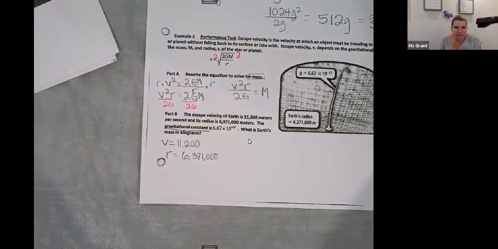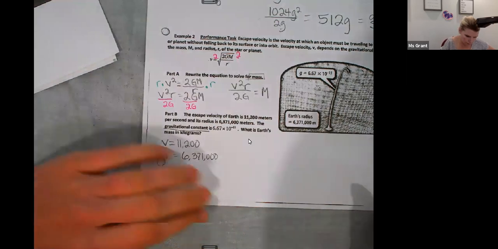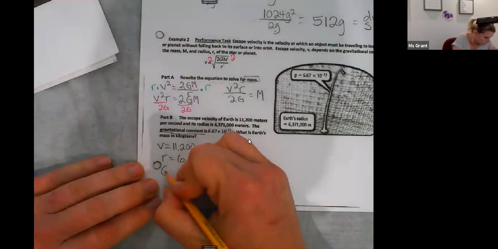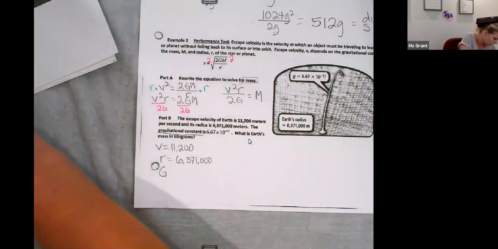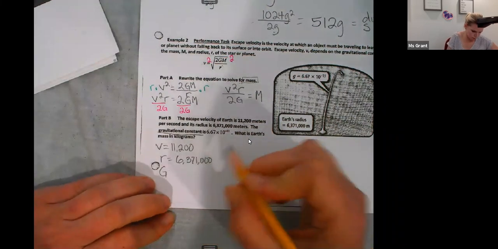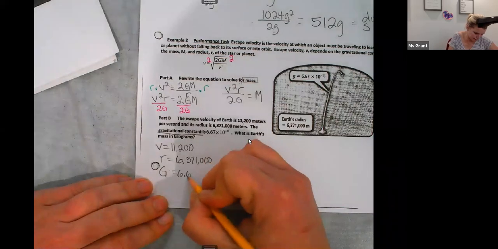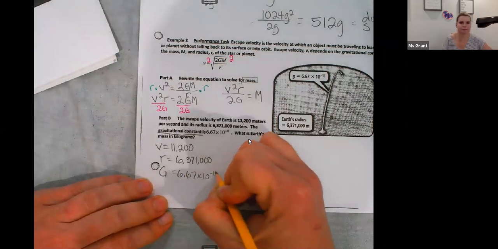And my gravitational constant, G, is 6.67 times 10 to the negative 11th.